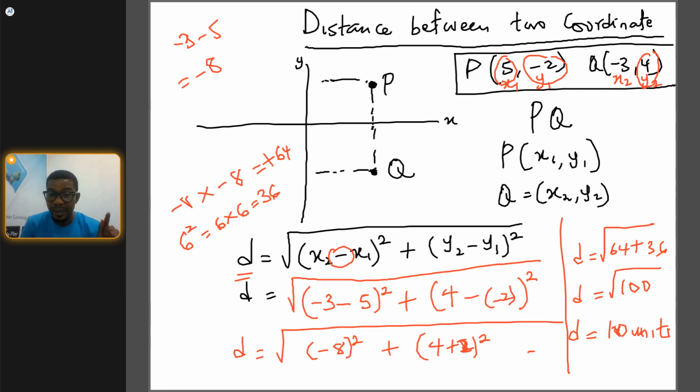Do not forget last class, the first topic we did, which was fundamental quantities. We discussed so many quantities, and we also made mention of quantities like acceleration, velocity, speed, and all that. Today, we are going to apply those quantities in calculation under this topic, motion.